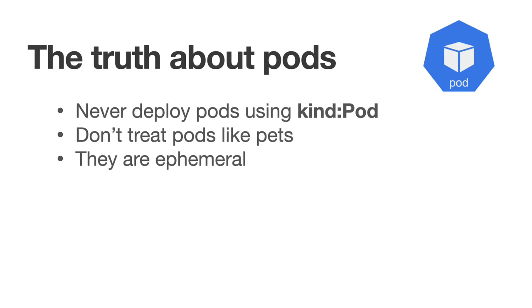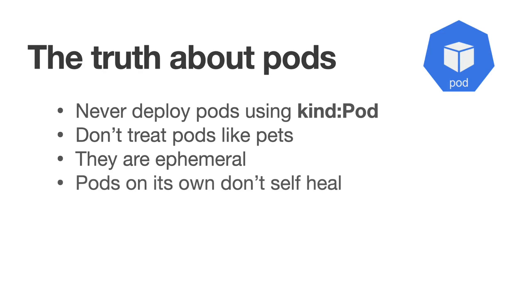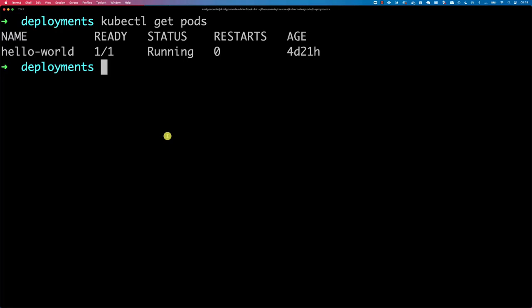We also should know that pods on their own don't self-heal. Let me show you. In here, I've got this pod right here, hello-world, and what I'm going to do is say kubectl delete pod hello-world.